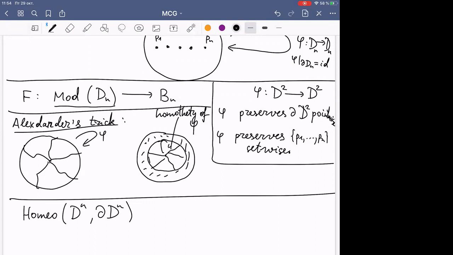If we knew only that any homeomorphism is isotopic to the identity, then we would know only that this group is path-wise connected. But we know more: for each homeomorphism there is a canonical isotopy between this homeomorphism and the identity homeomorphism. And this implies that this group is contractible.